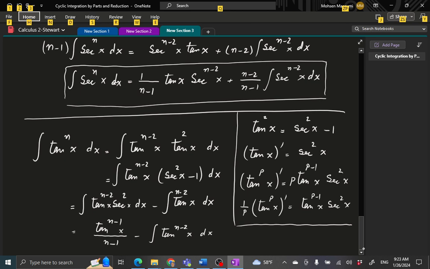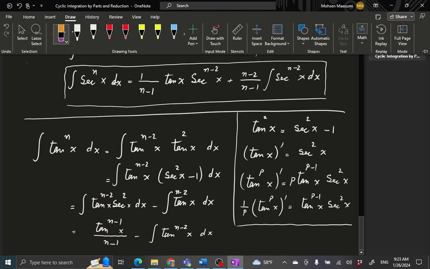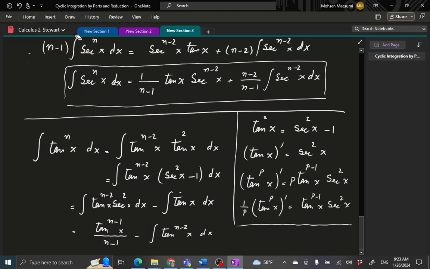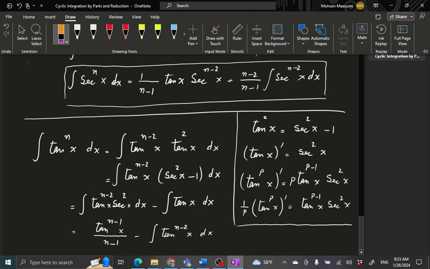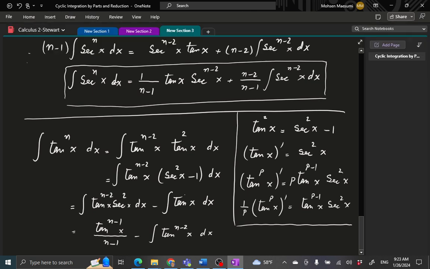This power might be read a bit incorrectly. Let me write it better. So that's the power n minus 2. Well, that's it. The problem is finished.